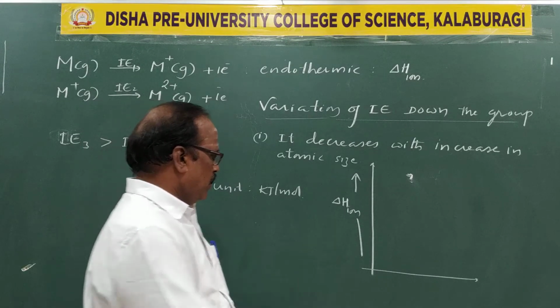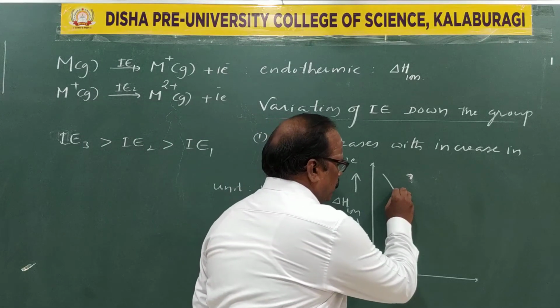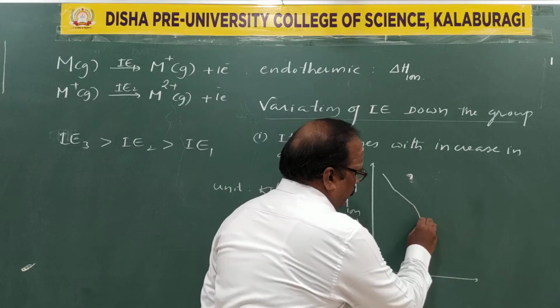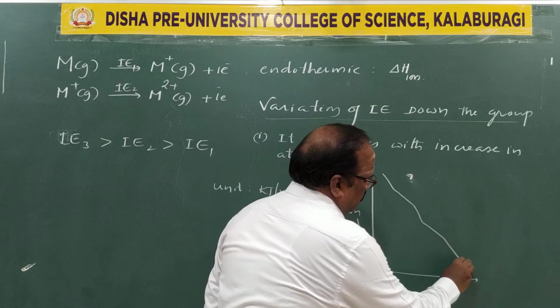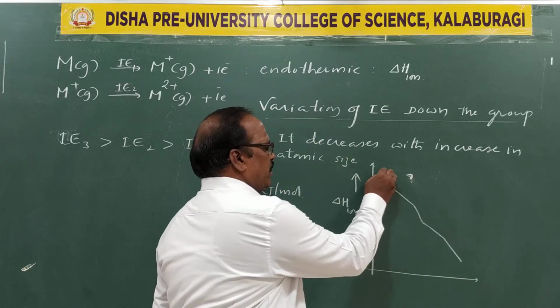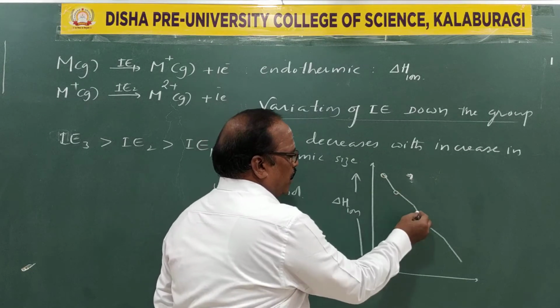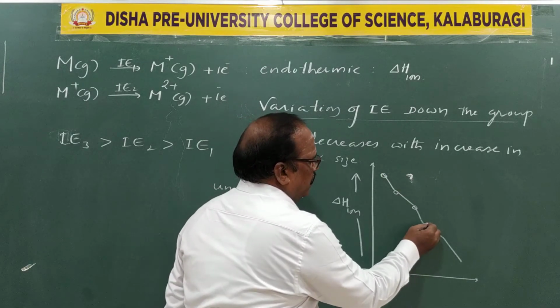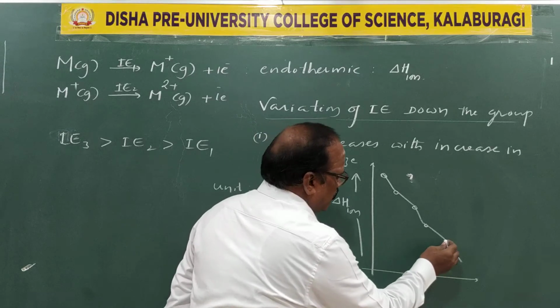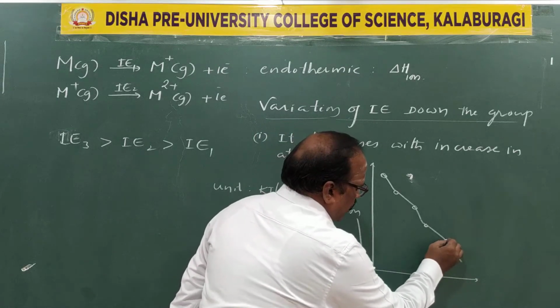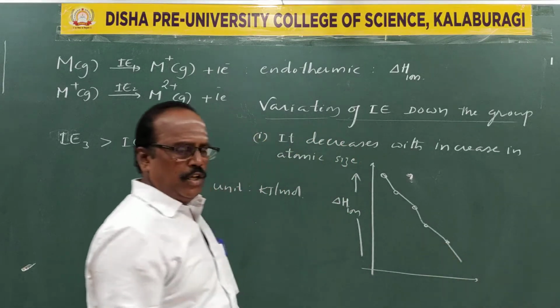We see down the group: lithium, sodium, potassium, rubidium and cesium. Variation will be there. You can see the location of all these elements.